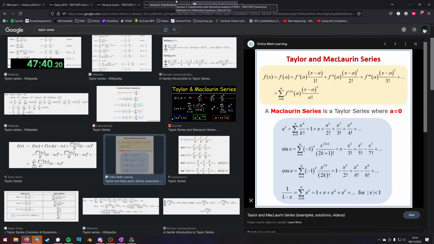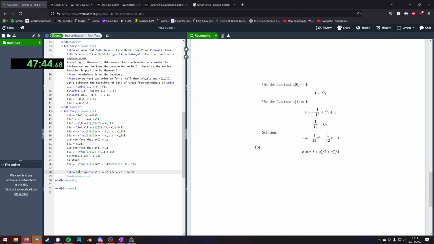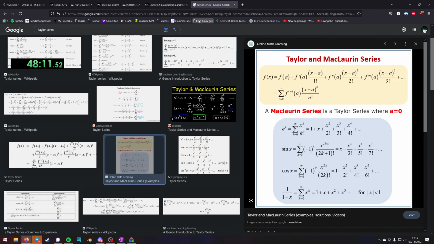Okay, so it is f at point a. So of course this would be f(x), because that's what we're doing here. It is f at xi plus f prime at xi over 2 plus f double prime of xi over... I know it's factorial.